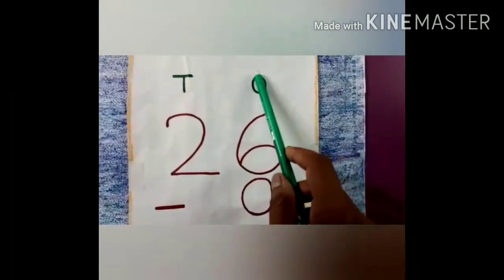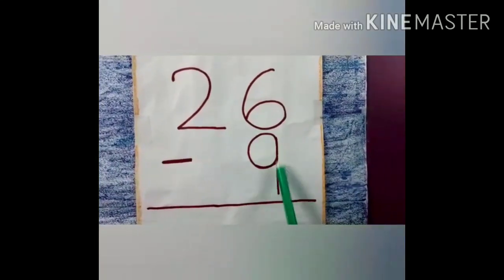So now in the ones place I have 6, so 6 ones. From these 6 ones, can I take away 9? Is it possible? Not possible. So what do I have to do?